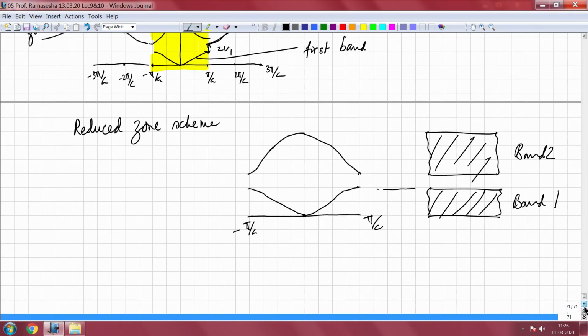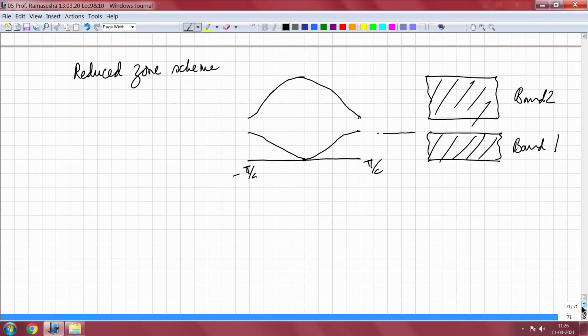So, this is the picture that we have for energy bands from the nearly free electron model, and we also have to know a little bit more about how the E versus k curve intersects at the zone boundaries.